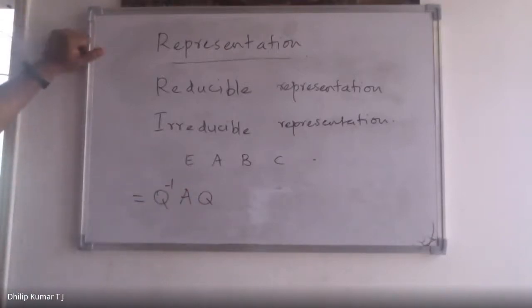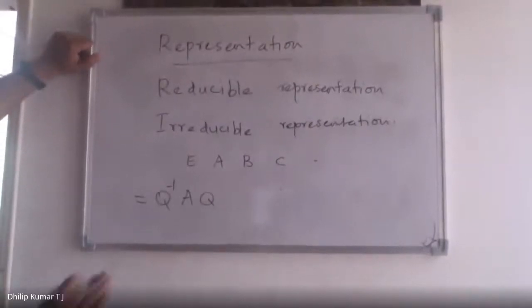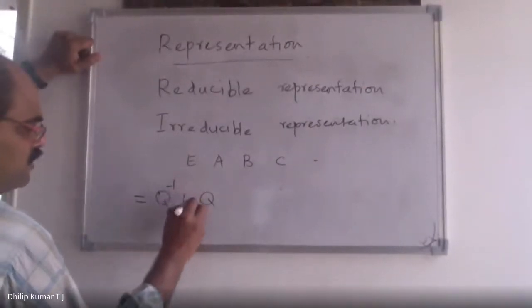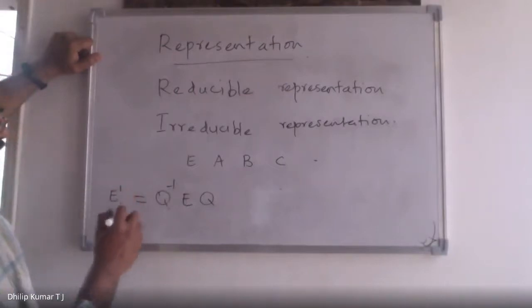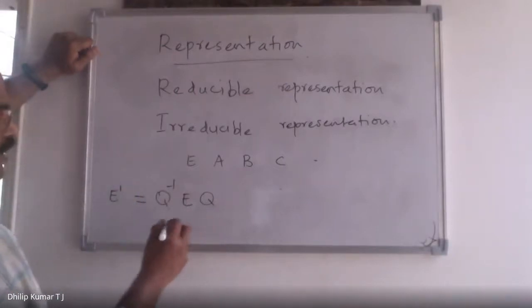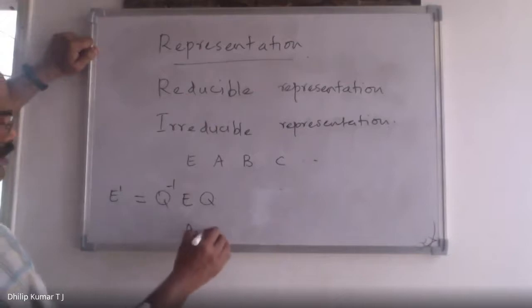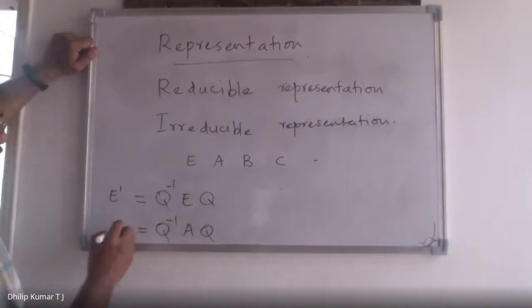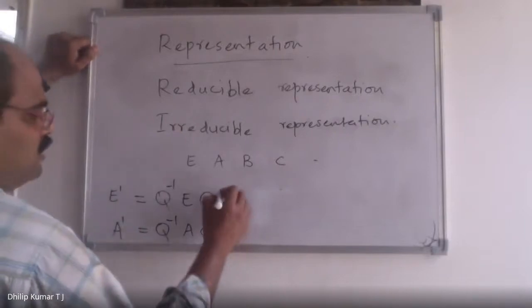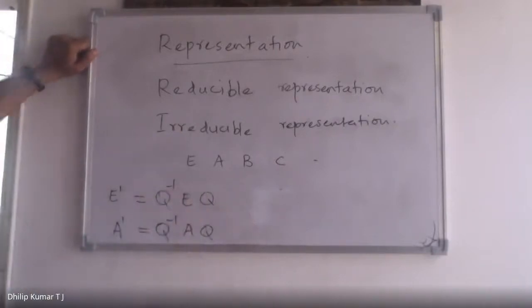Now you have chosen A, or E. You take E, you convert to E prime, and similarly you convert A to another form, A prime. You're just converting to a different form.